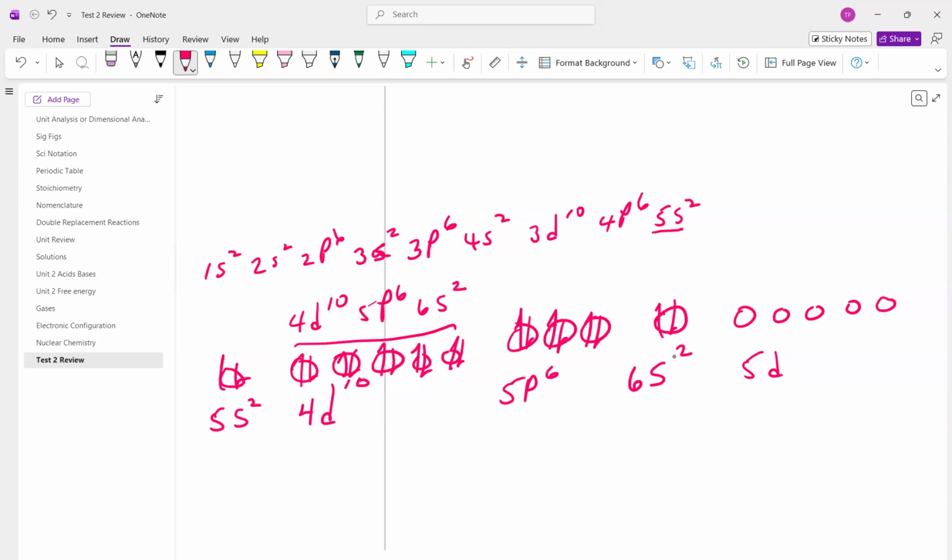Those are the three main stable configurations. So you want to move electrons in or out to fulfill those, to stabilize the atom. Now, right now, we do have a full subshell, so barium is not too bad off. But if we're going to do an ion, what would it be?